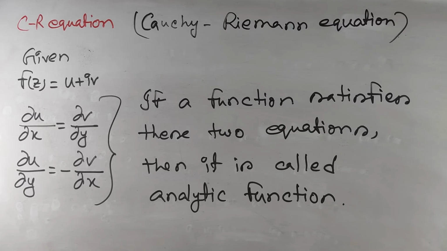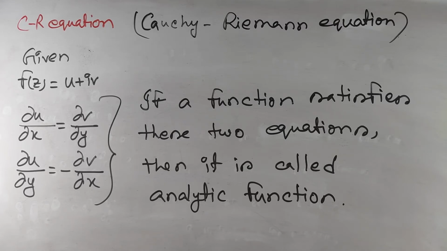But not all functions which satisfy the CR equations are analytic at every point, because at that point the two conditions to be analytic that we discussed previously may not be satisfied.